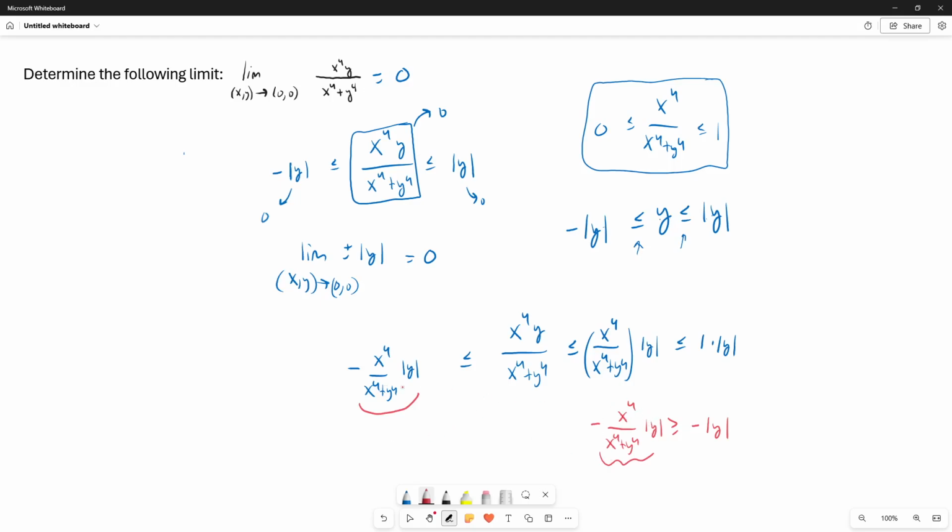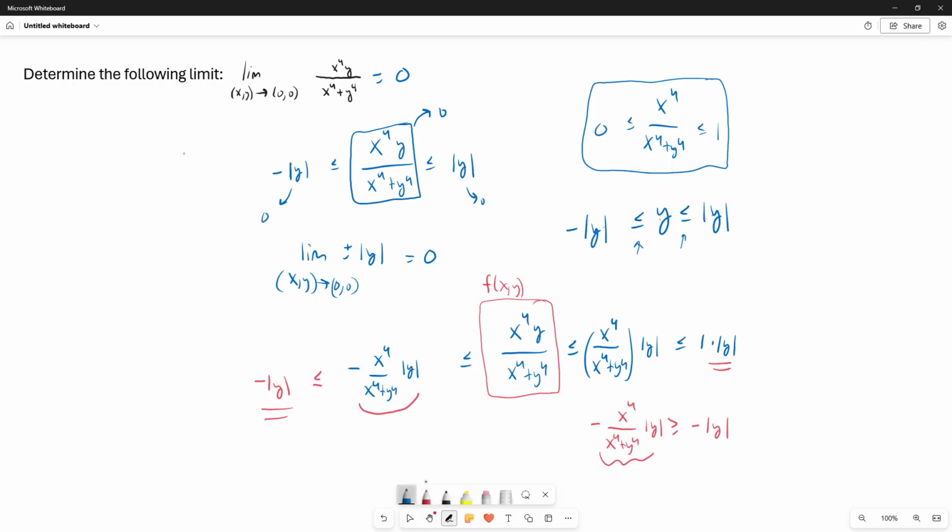So this quantity is bigger than or equal to negative absolute value of y. And so there you have it. Our function here, the f of (x, y) that's in the limit, is between negative absolute value of y and absolute value of y.